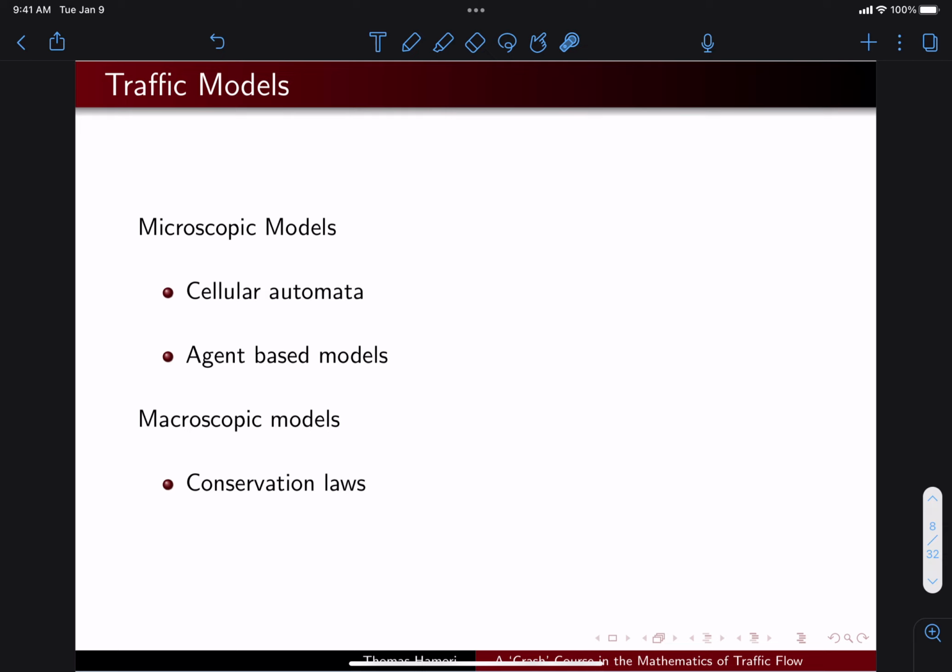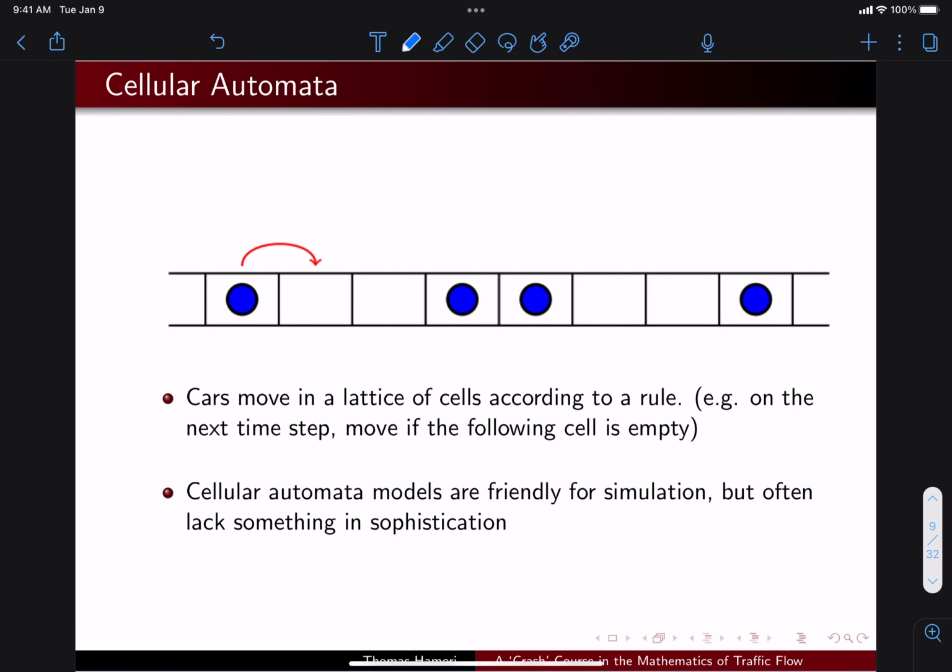Two of these traffic models involve differential equations. The agent-based models are going to incorporate ODEs, and for the conservation law we're going to use PDEs. And the cellular automata model, we're not going to use either of those. So let's go with the simplest case first. We don't like differential equations, so let's stay away from them.